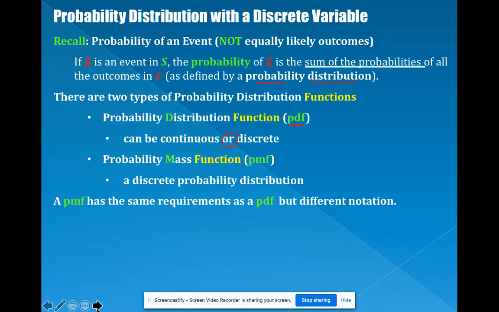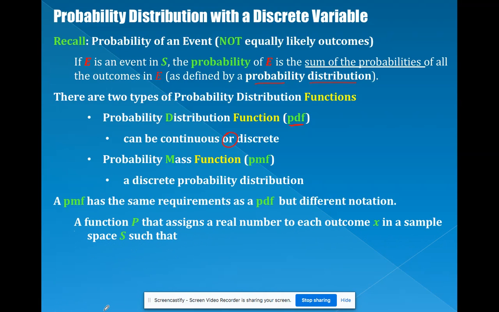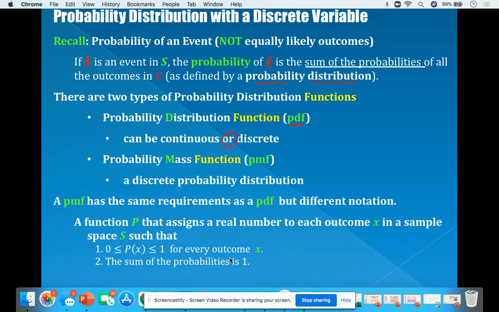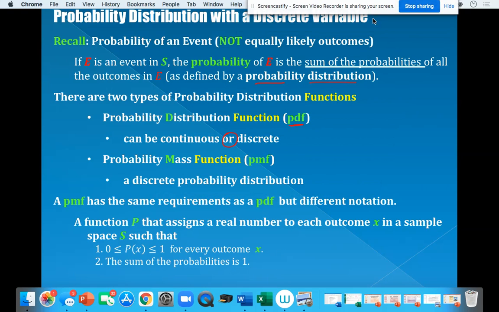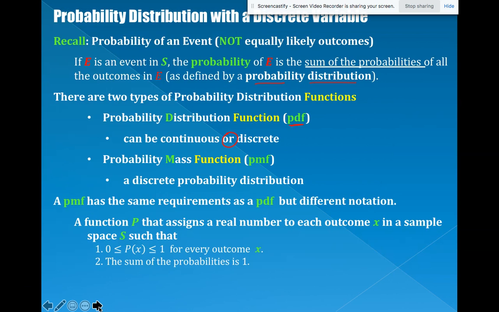The same requirements, but different notation. The probability function assigns a real number to each outcome in a sample space, and here are the requirements: each probability is between 0 and 1, and the sum of all the probabilities is 1. Here's the notation, though.